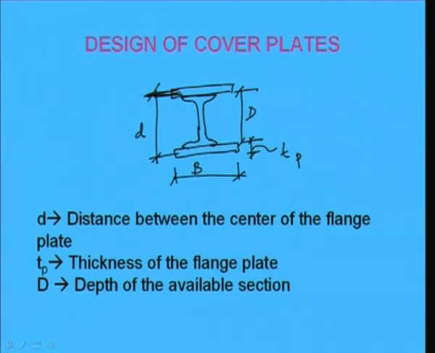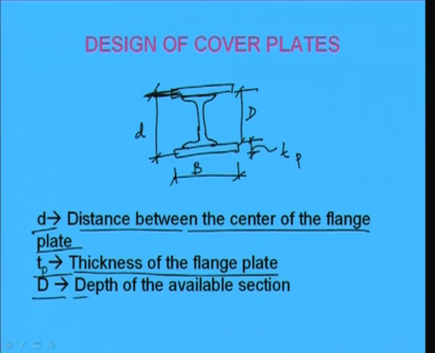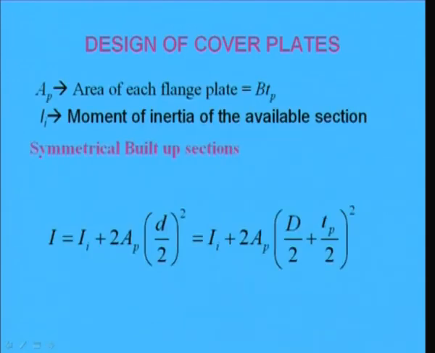So, if we rename the parameters in this way, small d is the distance between the centers of the flange plates, Tp is the thickness of the flange plate, and capital D is the depth of the available section. If it is so, then how do we find out the cover plate dimensions?